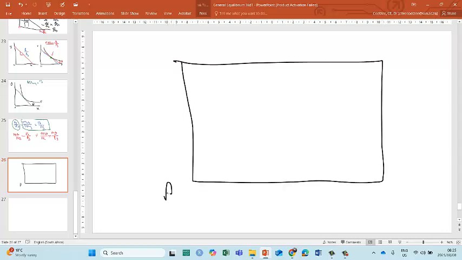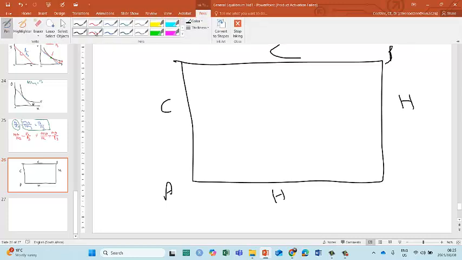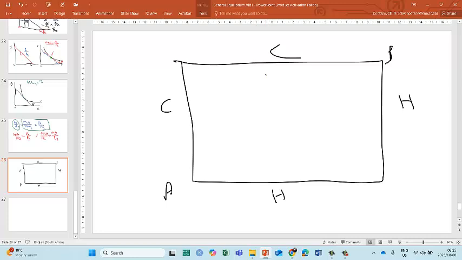There's person A, there's person B, and that's cokes and haircuts, and that's cokes and haircuts. So let's draw a position of general equilibrium. For person A, there's person A, general equilibrium position.